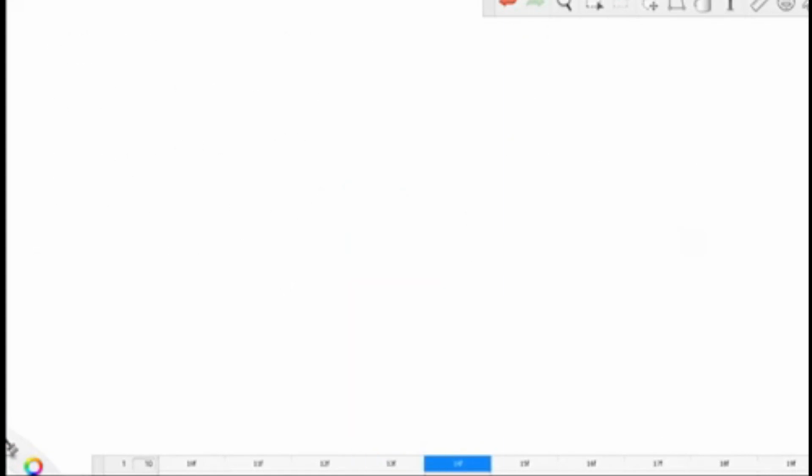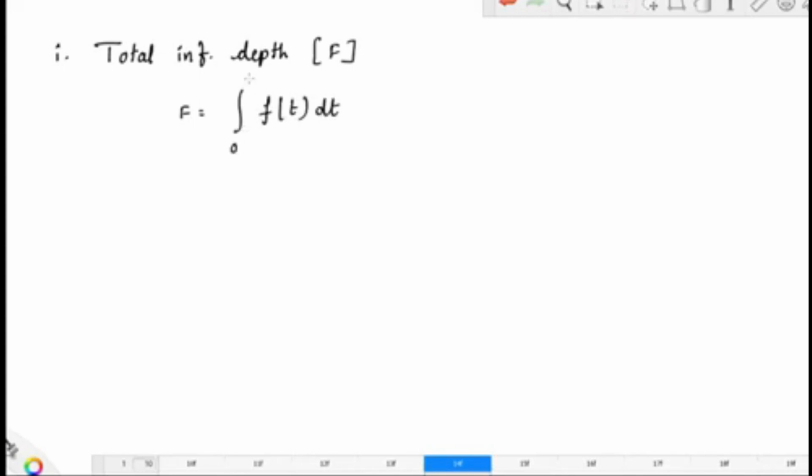So in this you have to remember n number of things. First one, if you want to find out total infiltration depth, capital F, then you have to integrate your equation f of t with respect to dt, substituting the limits from 0 to t in general.